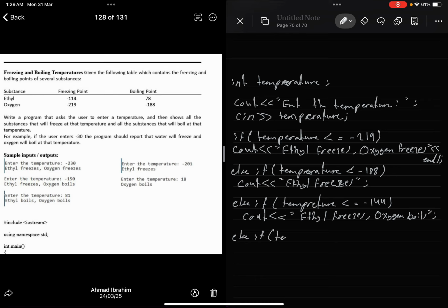Else if temperature less than 78, cout oxygen boils.